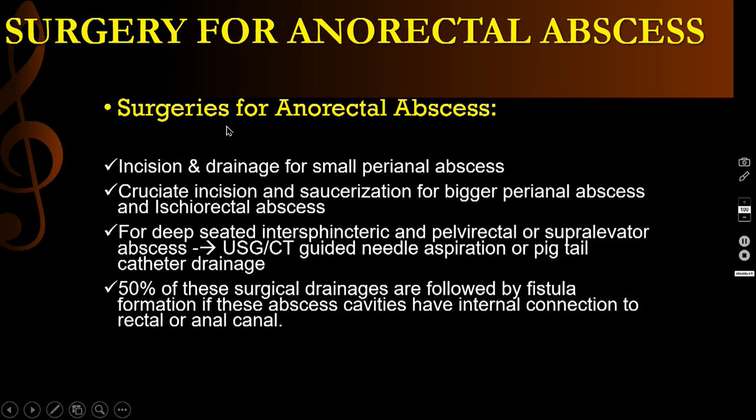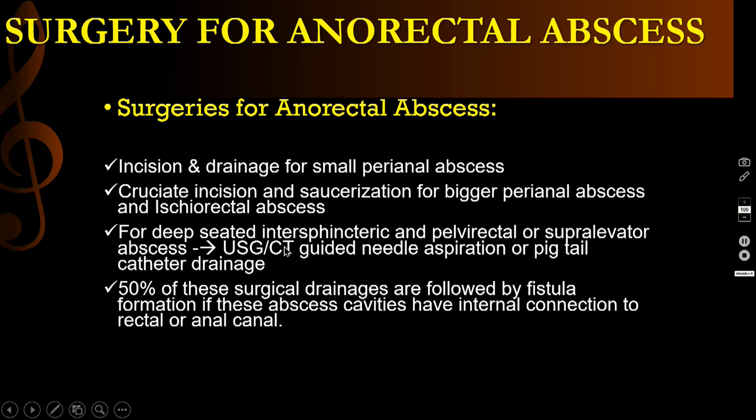So surgeries, as far as anorectal abscess is concerned, it is either incision and drainage for small perianal abscess, cruciate incision and saucerization for bigger perianal abscess and ischiorectal abscess.